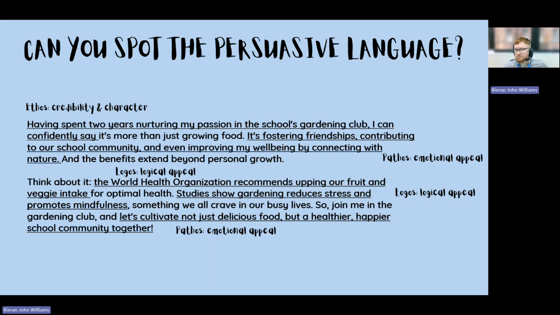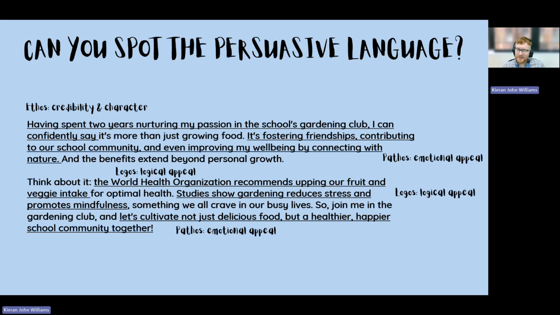Well, it is probably ethos. It builds credibility. The speaker is demonstrating their personal experience and commitment, and making the audience more likely to trust their perspective. The second one about fostering friendships, contributing to our school community, and even improving my well-being by connecting with nature. This is an example of pathos.